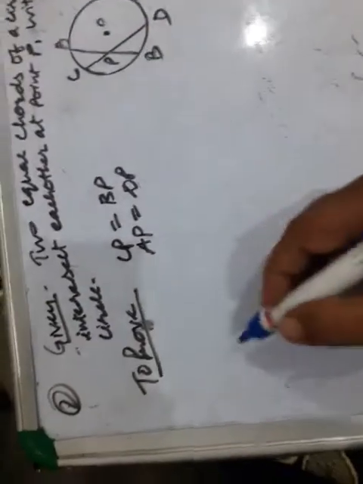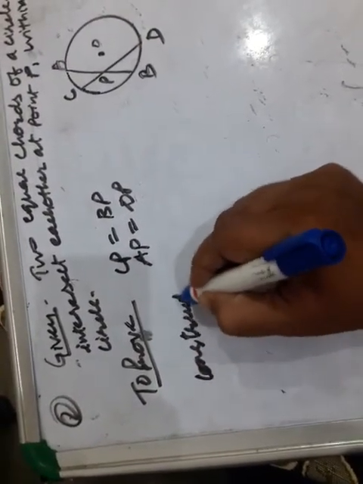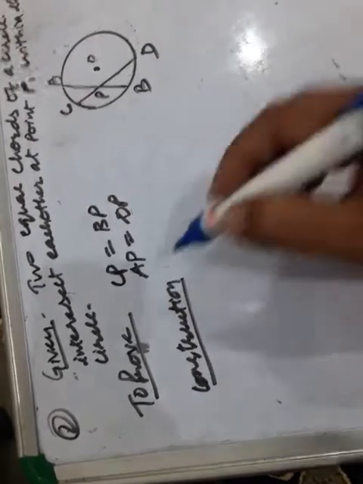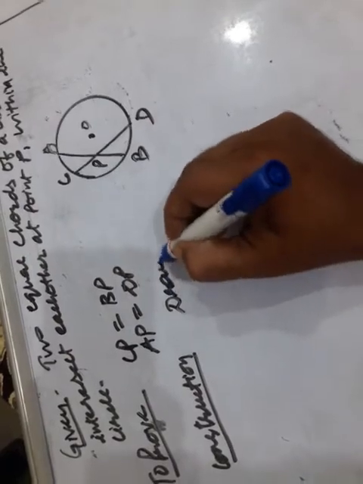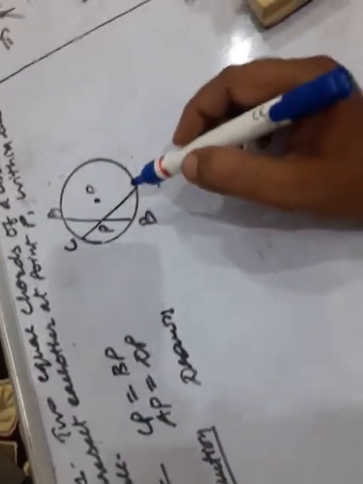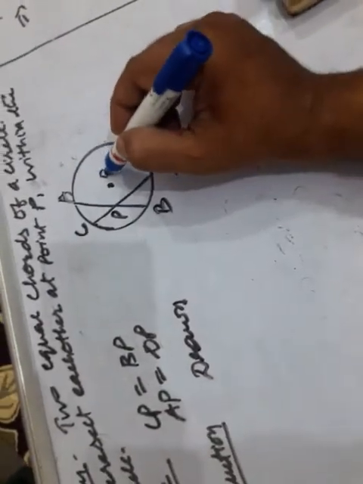Now for that some construction is needed. What construction is needed, children? See, O is the center.